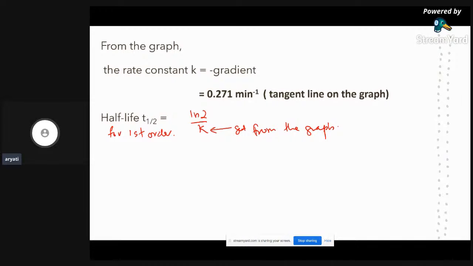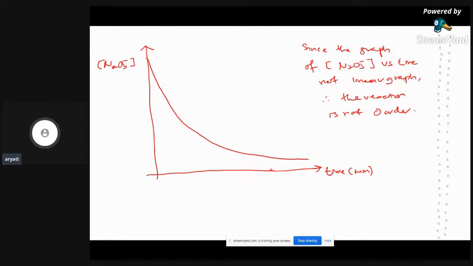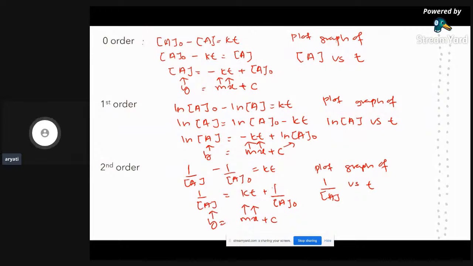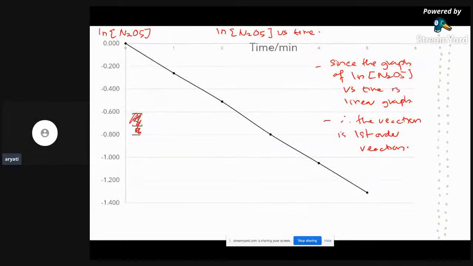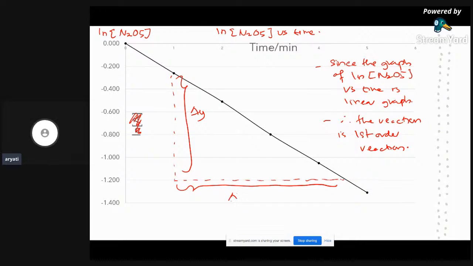Okay, dan saya dah buktikan macam mana kita nak dapatkan k. Okay, saya dah buktikan kat sini. Okay, untuk first order, the value of k equal to the value of the m, which is m is gradient. So kamu kena cari dulu gradient, pilih titik yang terbaik. Okay, so find the value of delta y, find the value of delta x.